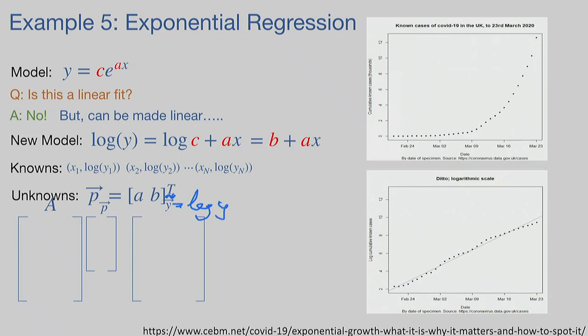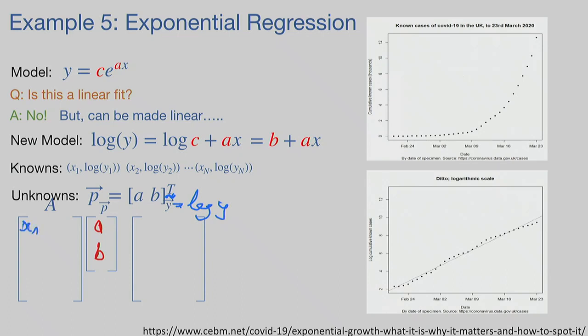All right. So what is A? The matrix A. Well, my unknowns are a and b. And the first equation I have is for x1 and log y1. I've got this model: a is multiplied by x, so I need to fill in x1.